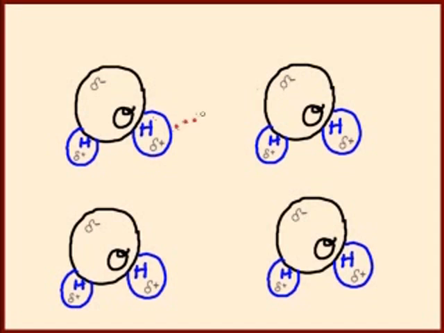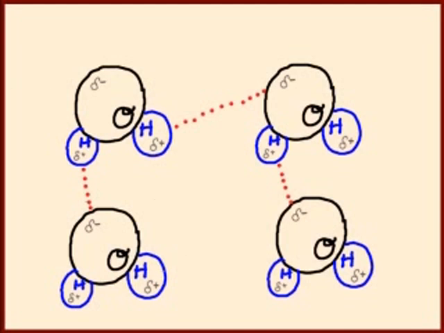So there's going to be an attraction here, an interaction there. And also the partial positive from this hydrogen is going to be attracted to the partial negative of the oxygen on another molecule. And this is going to just continue, so that all the water molecules in a container are going to end up being attracted to one another.